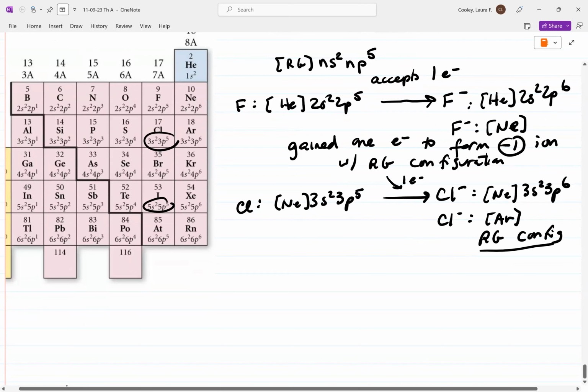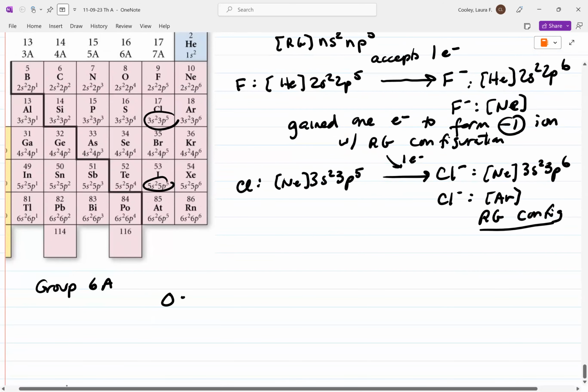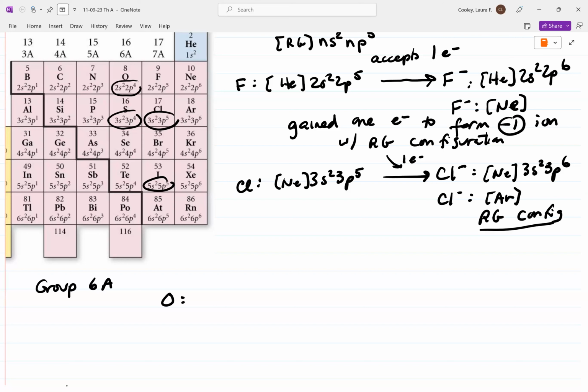If we just take one other group, group 6A, that's the oxygen group. Oxygen, you can see all the ones here end in ns2, np4. Well, all the elements on the right side of the periodic table gain electrons. Well, the ones on the very right, yeah, except for the noble gases, which like staying just where they are.